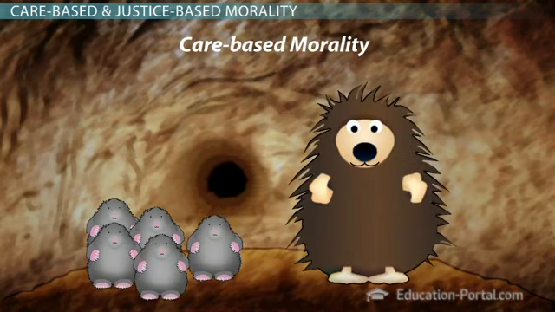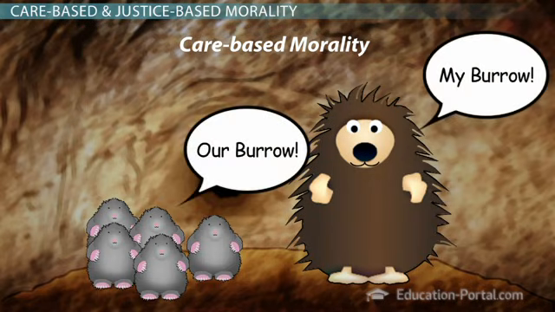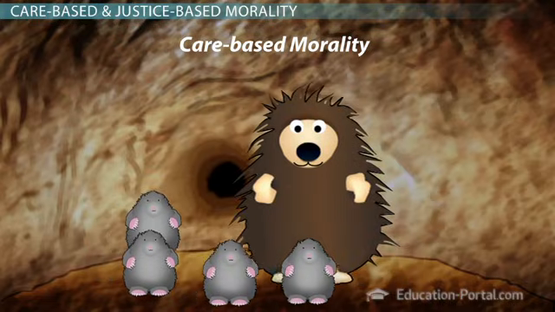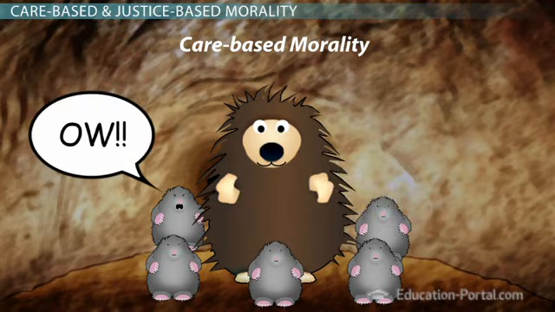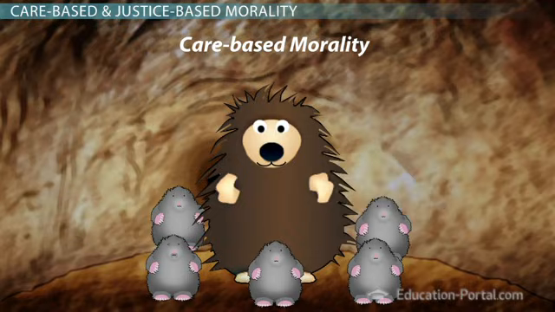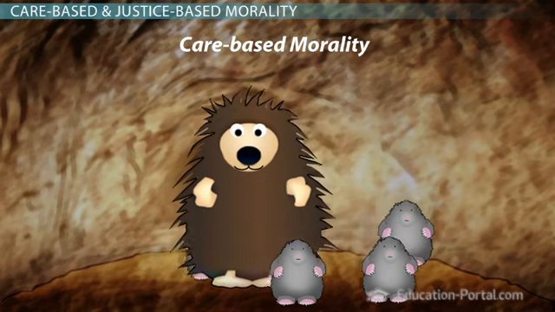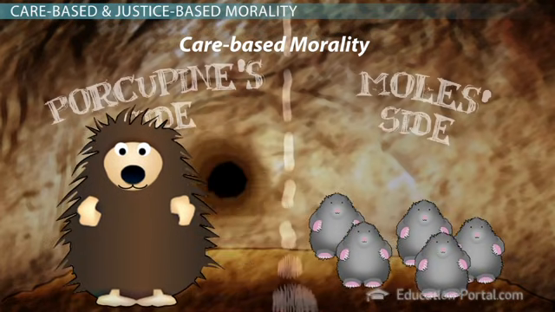The care-based perspective approaches the problem differently. Rather than seeing all the parties as separate individuals with their own valid or invalid claims, it sees them as already in a difficult situation together. If there is a conflict between them, that is part of the problem. The point is not to decide the conflict one way or another, but to find a way to get around it or remove it.